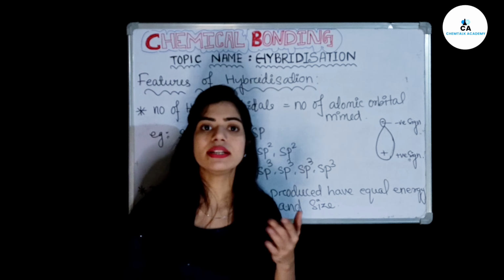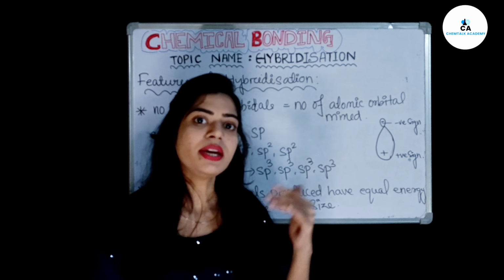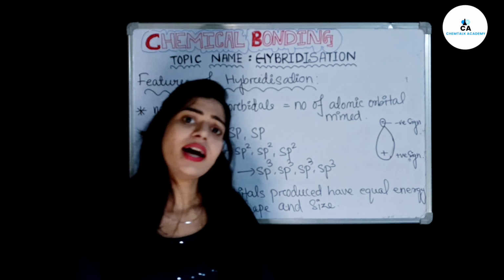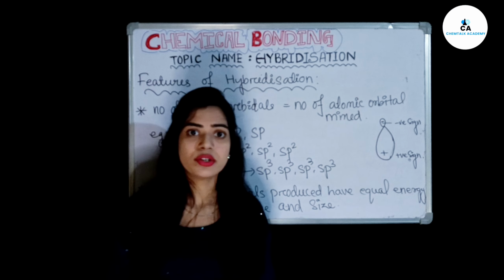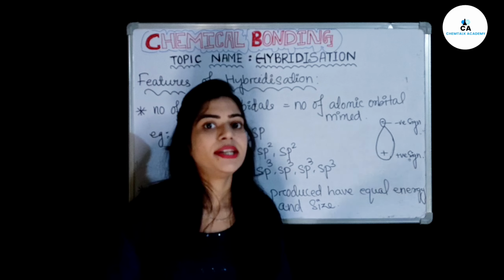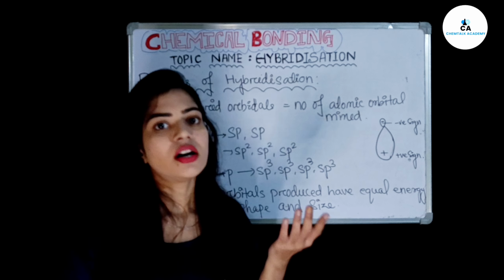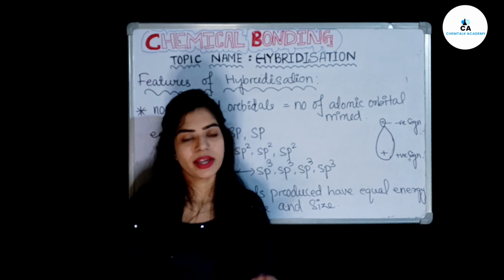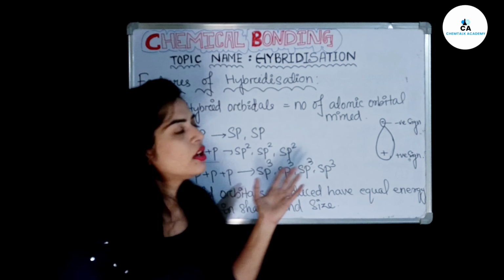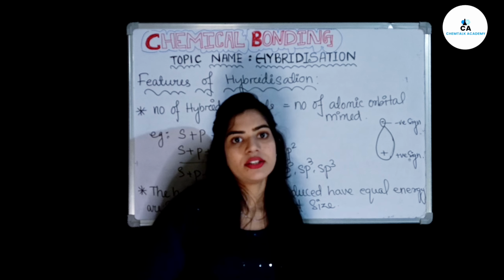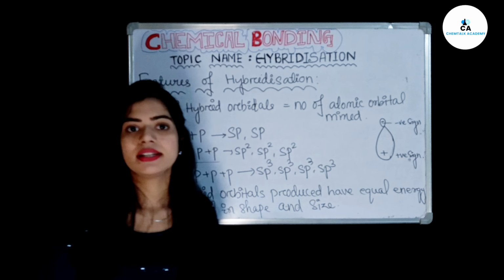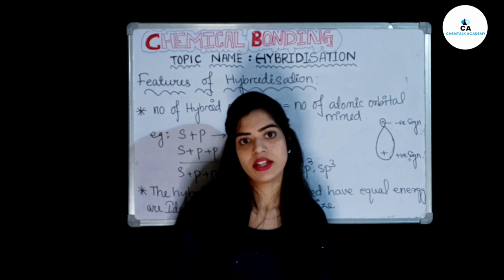Similarly we have sp3, sp3d hybridization, because a d orbital is also introduced, then sp3d2 and sp3d3, because the d subshell has five orbitals. So we have many types of hybridization. In the next class we will discuss the types of hybridization.